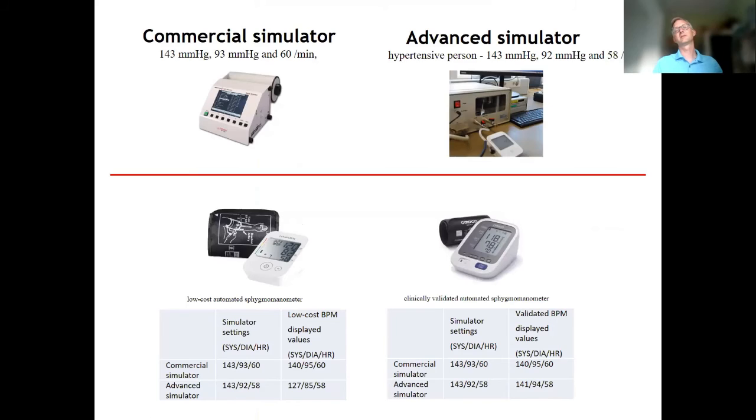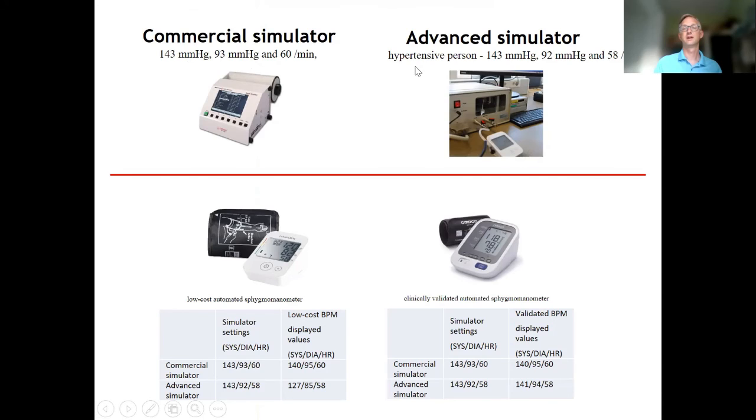So basically what we did in our paper, we used two simulators, this advanced simulator, which had physiological data incorporated, and a commercial one. They were both set to the same values. This was set in such a way that any device plugged into the simulator should show 143 millimeters of mercury systolic, 95 millimeters of mercury diastolic, and 60 heart rate.